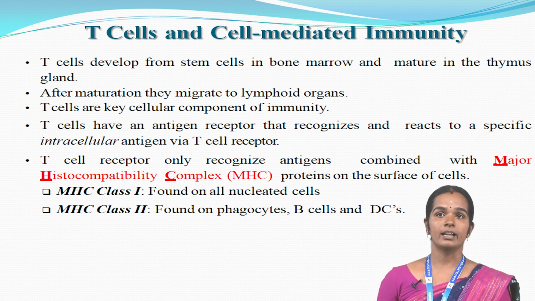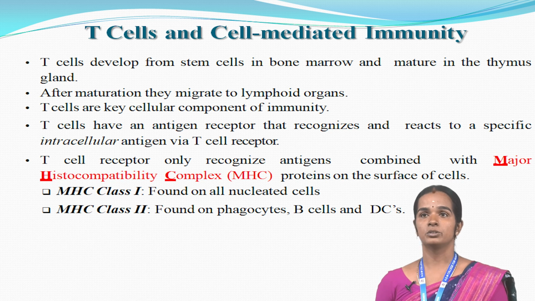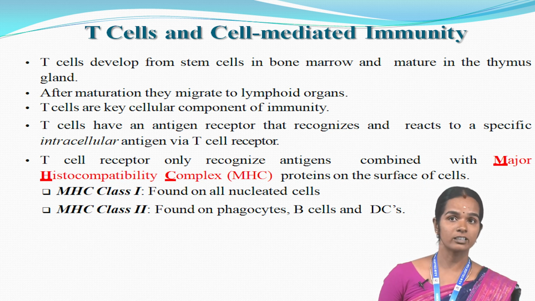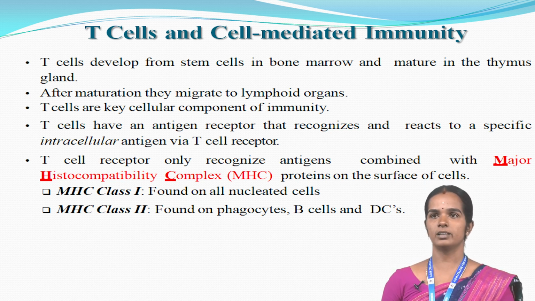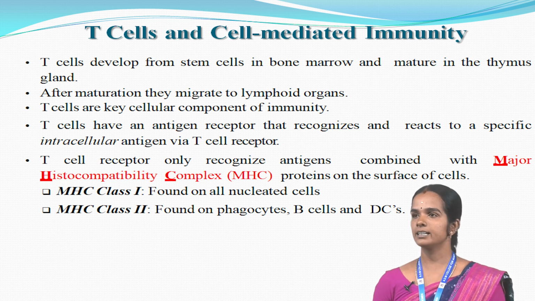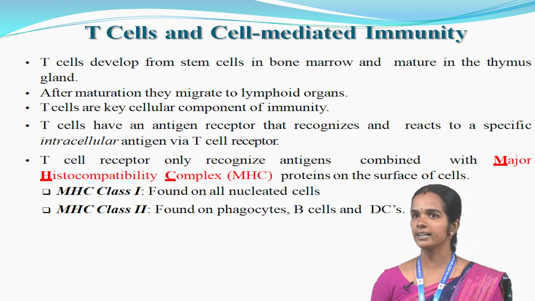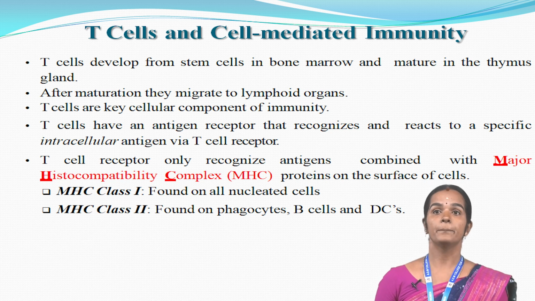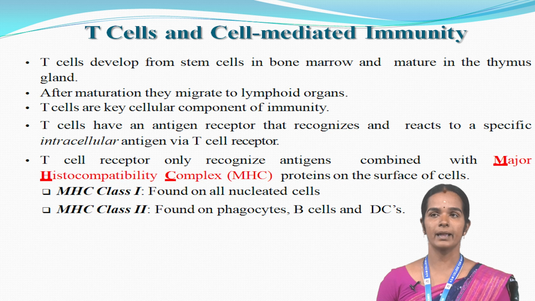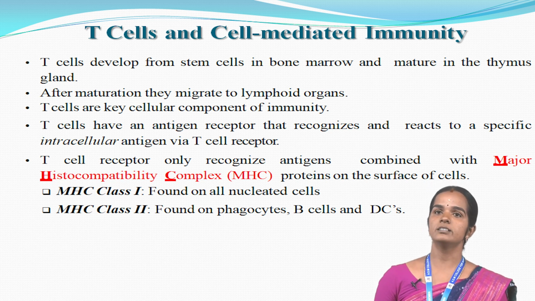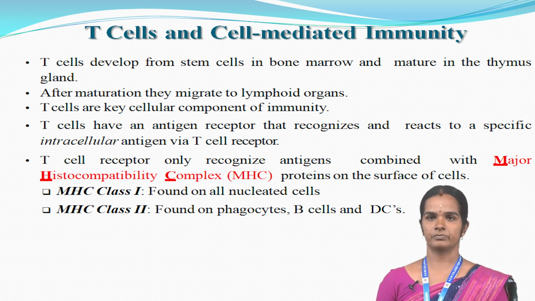T cells have an antigen receptor to recognize and react to the specific intracellular antigen via T cell receptors. T cell receptors only recognize antigen combined with major histocompatibility complex, called MHC protein, on the surface of the cell.